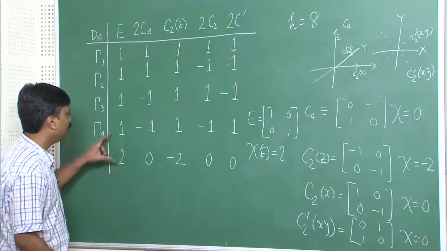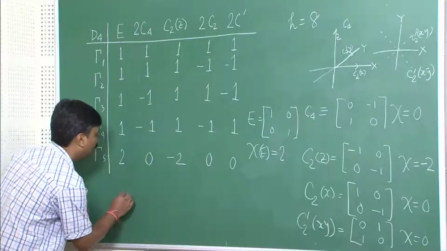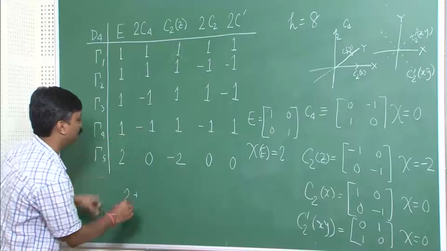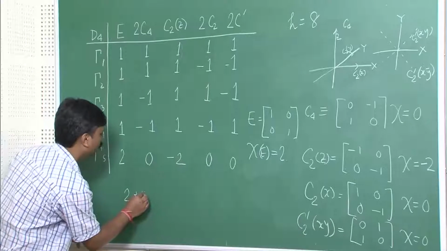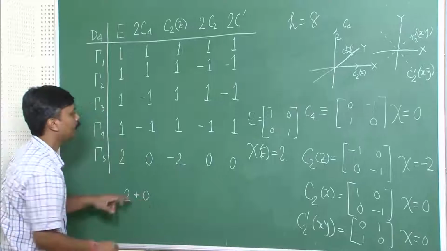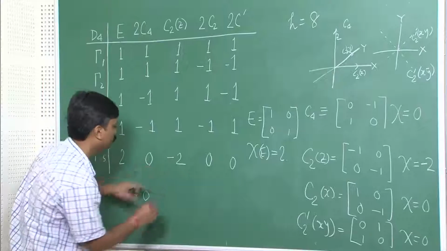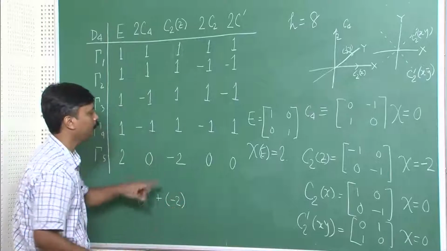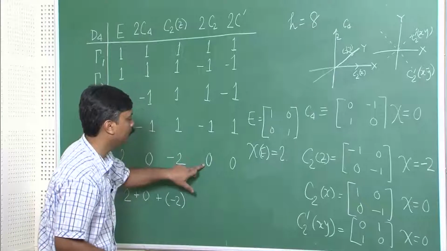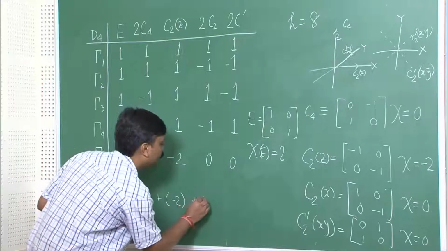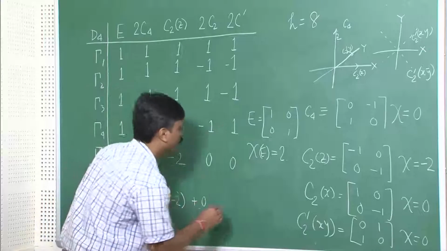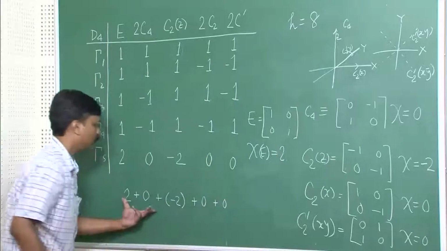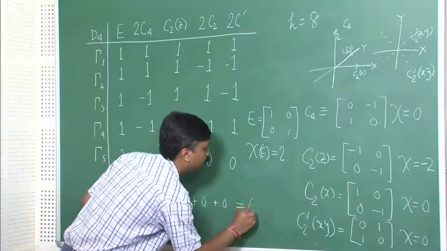So if I do that, then what we have: 2 into 1 equals 2, plus 0 into -1 into 2 equals 0, then 1 into -2 equals -2, and then 2 into -1 into 0 equals 0, and again 2 into 1 into 0 equals 0. So ultimately we have 0.